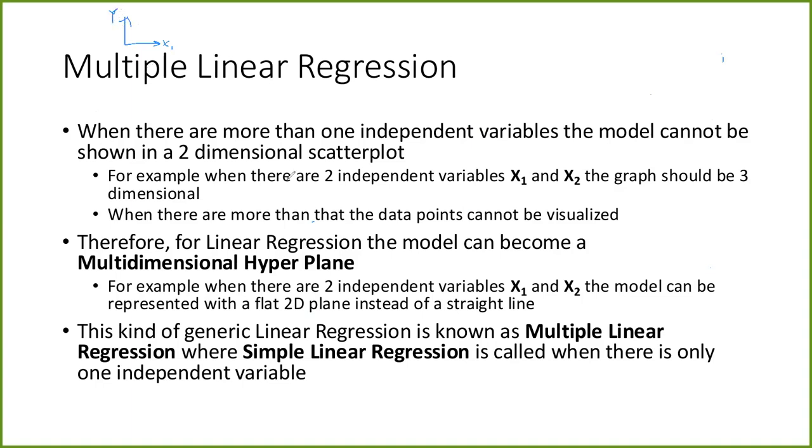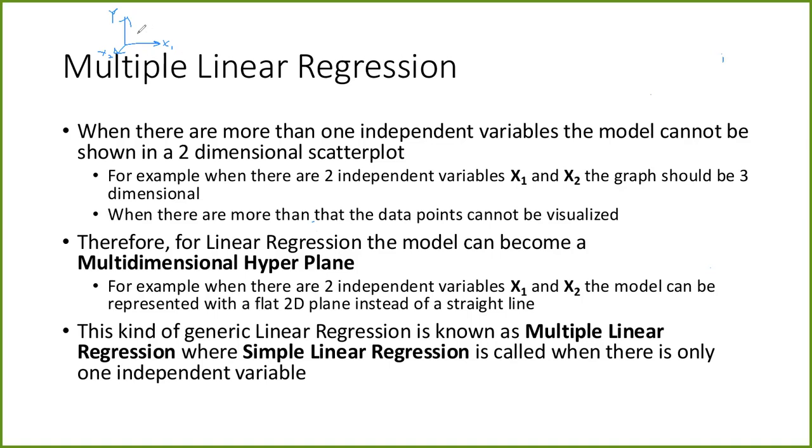But in the real world, there is not only a single x variable; there can be multiple x variables, right? x1, x2, so there are two x variables, and this would be a three-dimensional plot, right? If there are more than two x variables, then we can't actually visualize this data in a graph or anything, right?